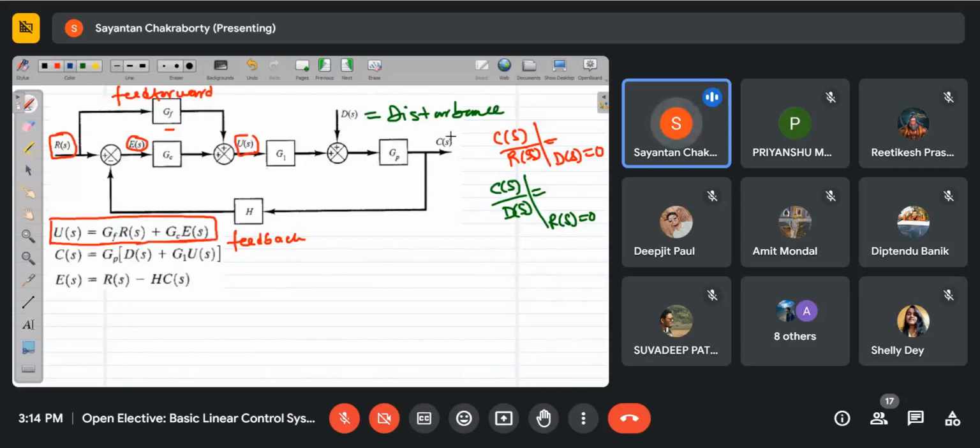Next, this signal C(s), that is the output signal, is related to the disturbance as well as this signal. So this is G1 U. So D plus G1 U, this signal, into GP, the plant. This is the basic fundamental equation that we have. Now, this actuating signal E(s) is basically R(s) minus H C(s), or H(s) C(s), whatever. So these are the fundamental equations that we can write right away.